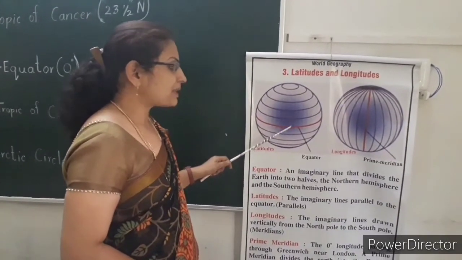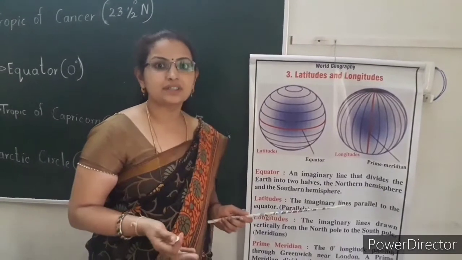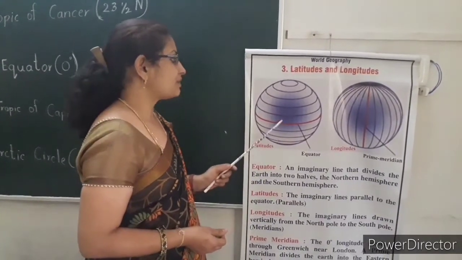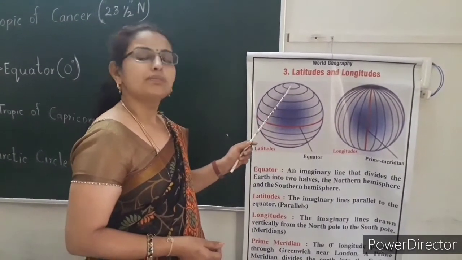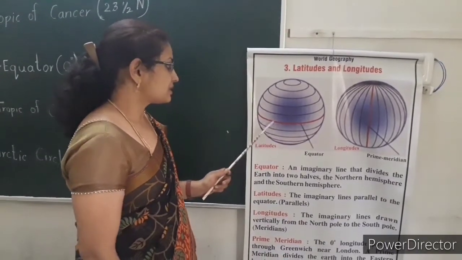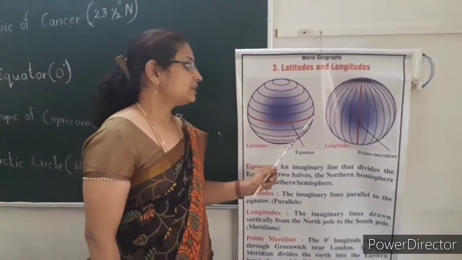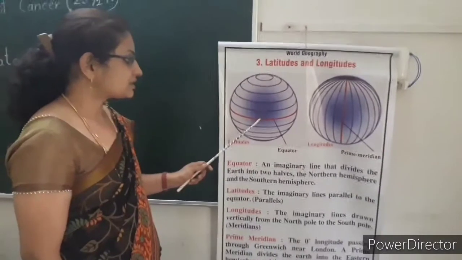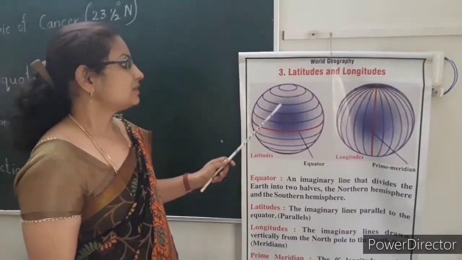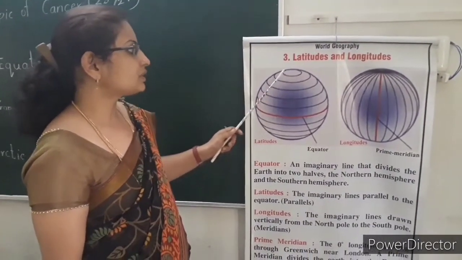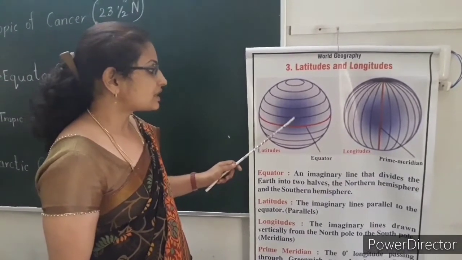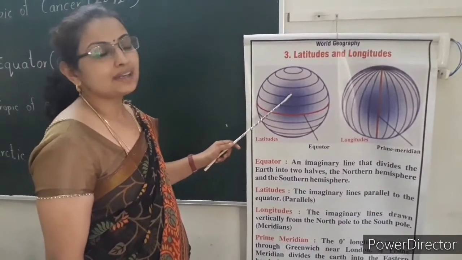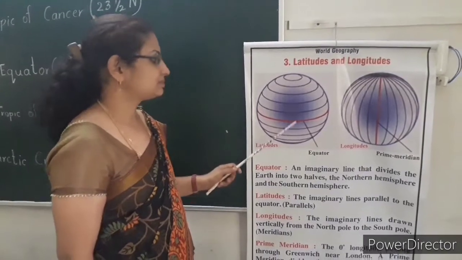The length of the parallels goes on decreasing as we move away from the equator to the poles. See here children, the equator is the very longest. The size goes on decreasing when we move from the equator to the pole. The size goes on smaller and smaller.